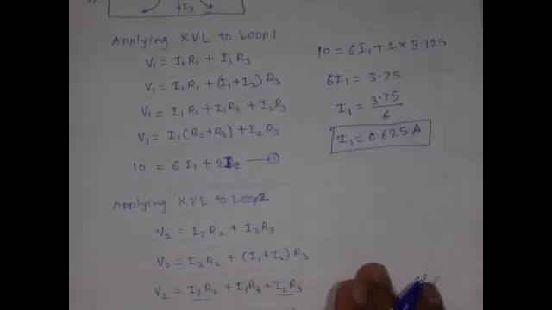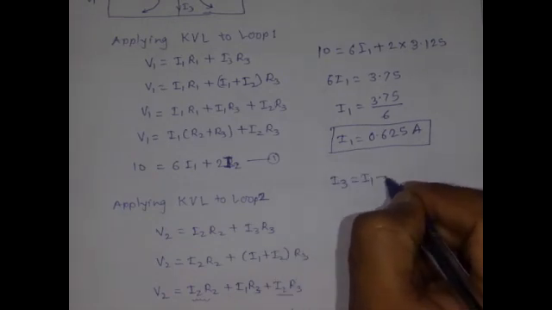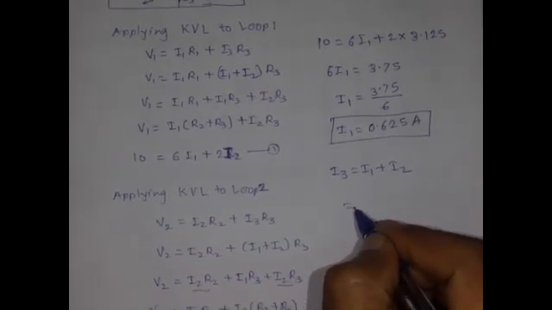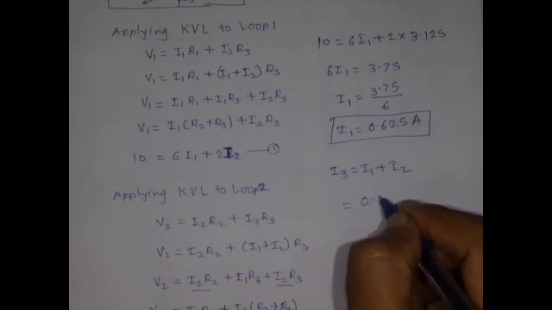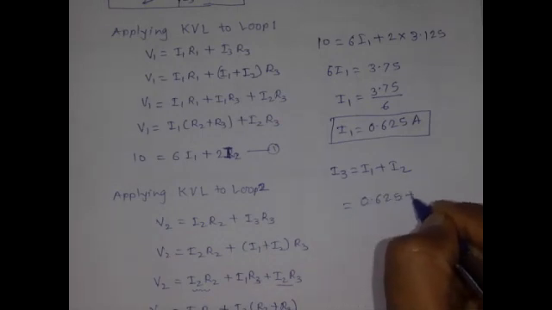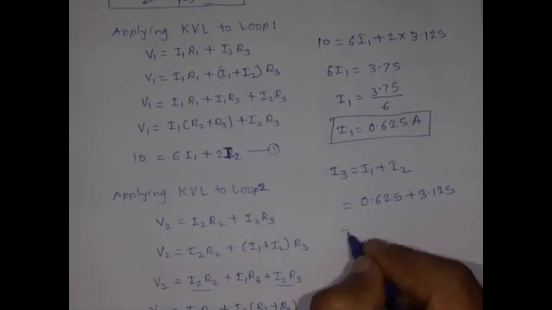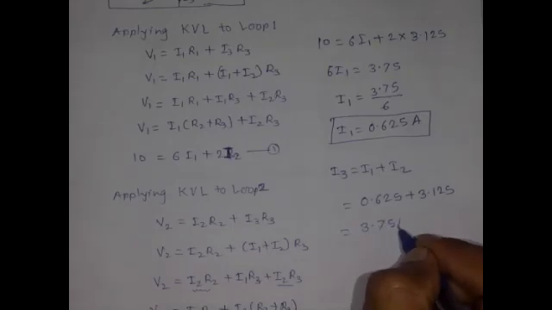Now the I3 current is nothing but I3 equals I1 plus I2. By making the summation, the I1 value is 0.625 plus the I2 value 3.125, which gives the approximate value 3.75 ampere.